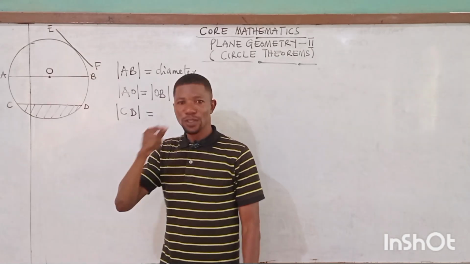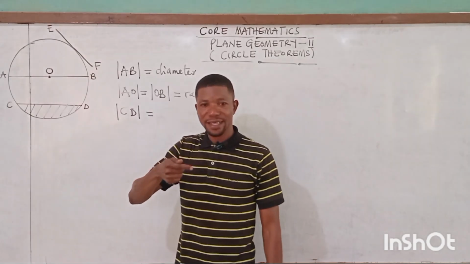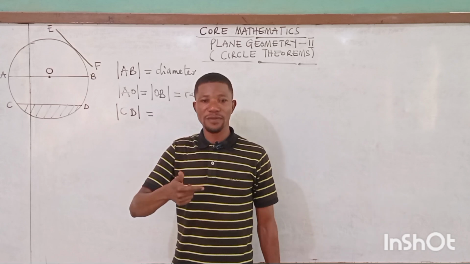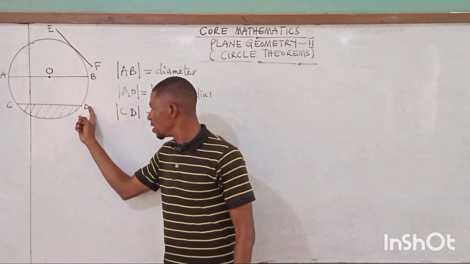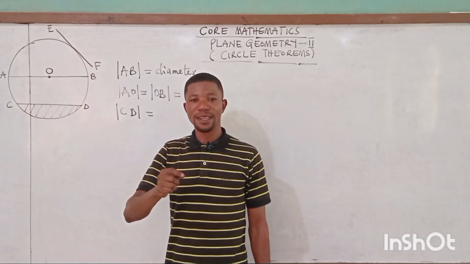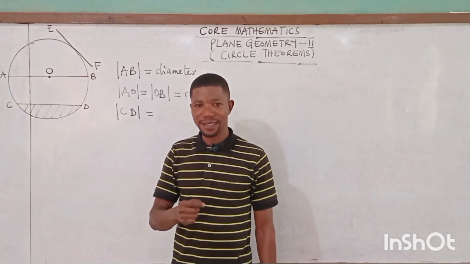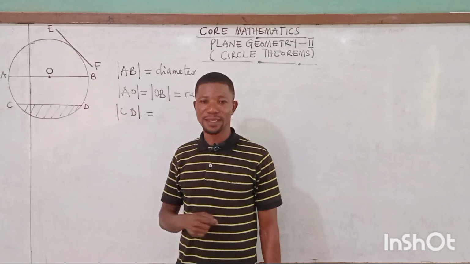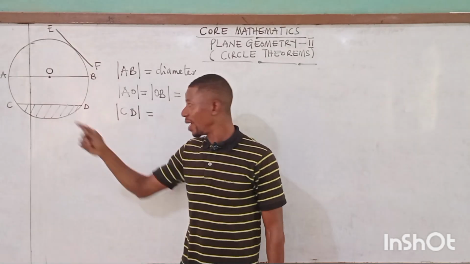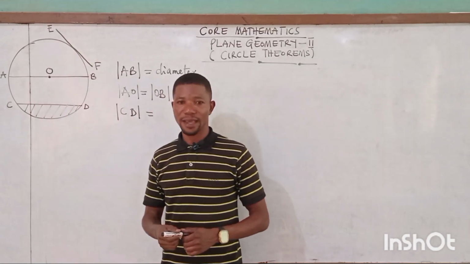The diameter is also a chord though, but it's a special chord because it's able to divide the circle into two equal parts. But this particular one, CD, does not divide the circle into two equal parts, though it touches the circumference of the circle interiorly, and that is the chord.